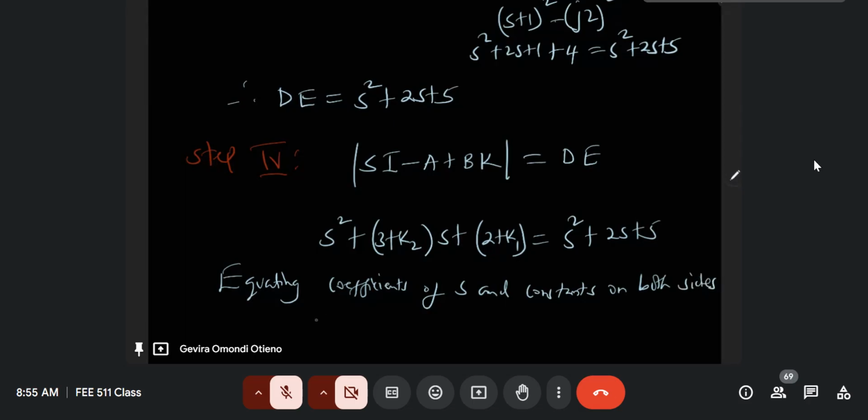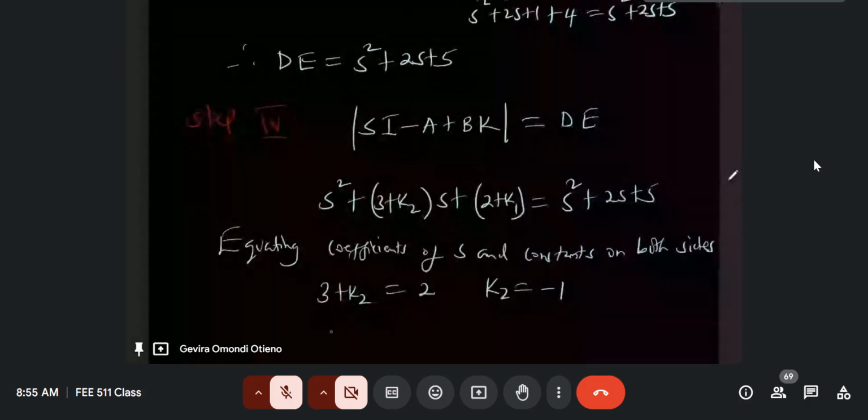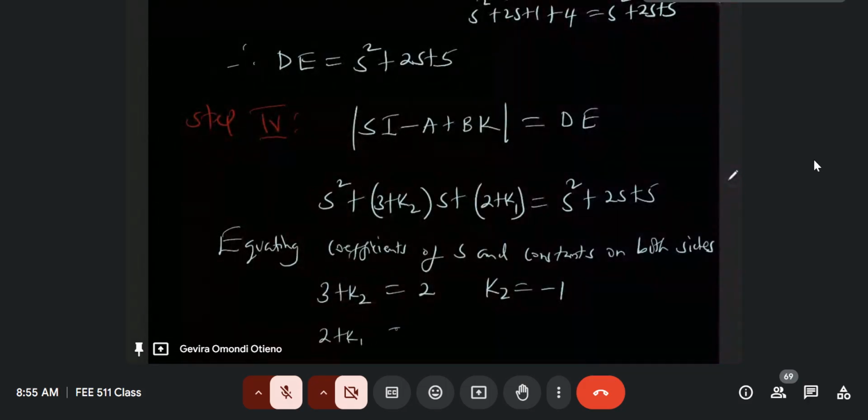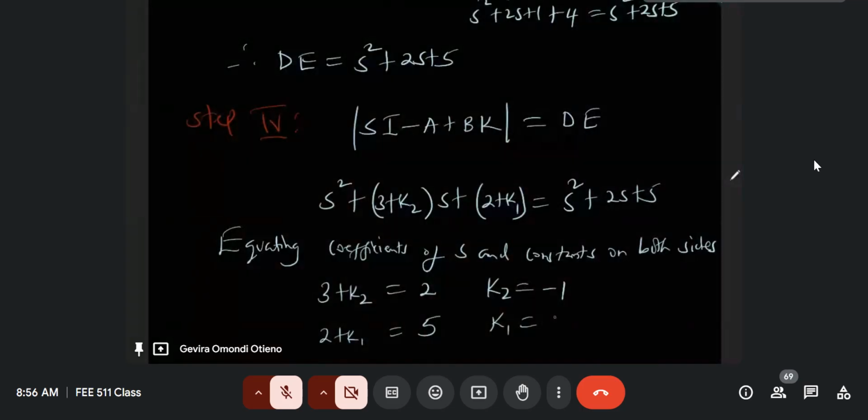Clearly we can see 1, that is the coefficient of s squared, and then 3 plus k2 should be equal to 2, and therefore k2 should be equal to minus 1. Yes, because it's 2 minus 3. Then 2 plus k1 should be equal to 5, and therefore k1 equals 3.